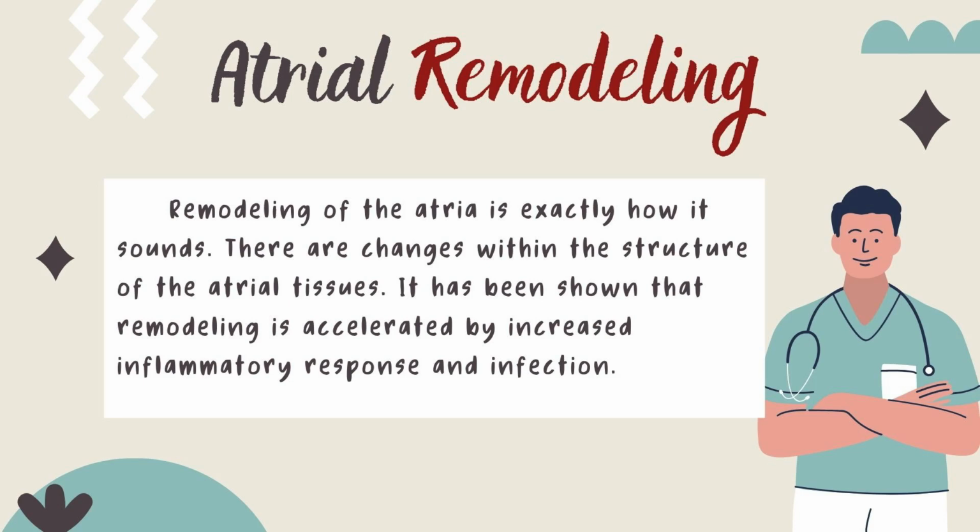And you may think, well, why is that really that important? Well, over time, that remodeling or restructuring can lead to atrial fibrosis. And we know that those tissues, as they become more fibrous, also change the way that the electrical currents travel through there. So what does that open us up for?